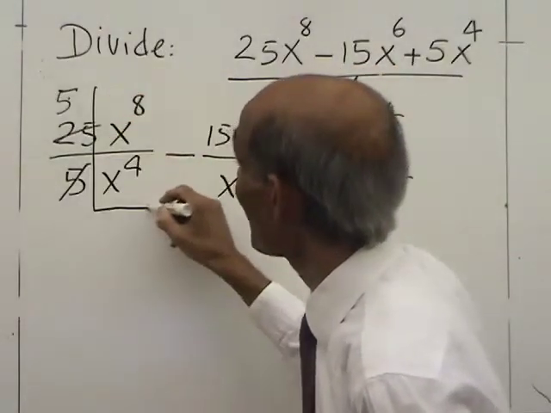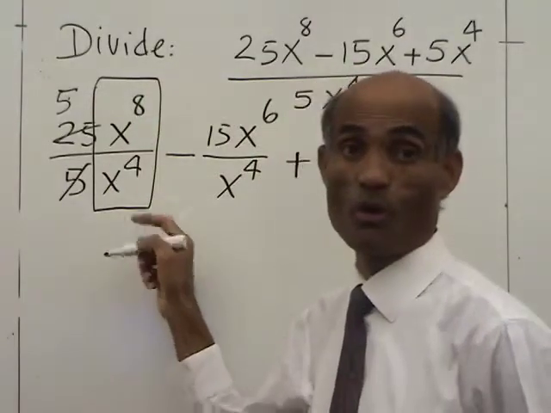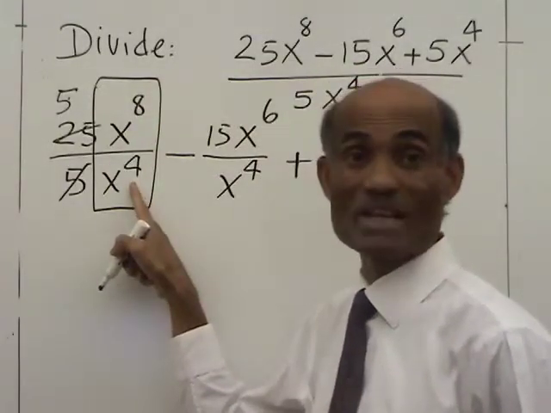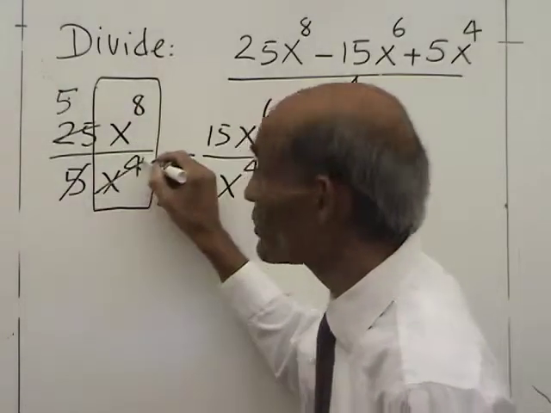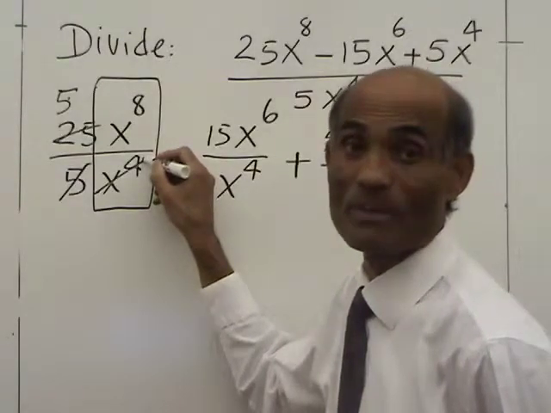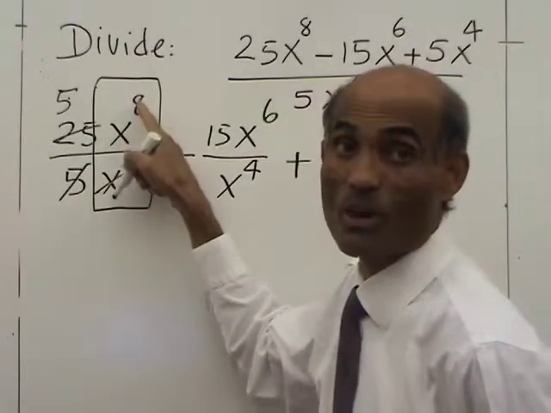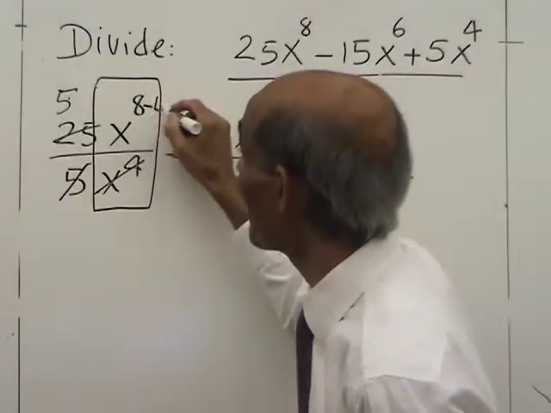And now, I want you to watch here. X to the power of 8 divided by x to the power of 4. The numerator power is greater than the denominator power. So we cancel the denominator. And what will the numerator now become? It will be x to the power of 8 minus 4. There you are.